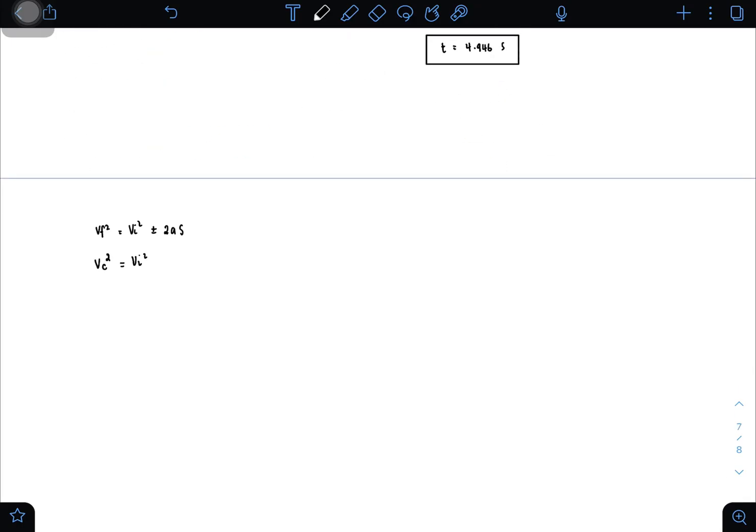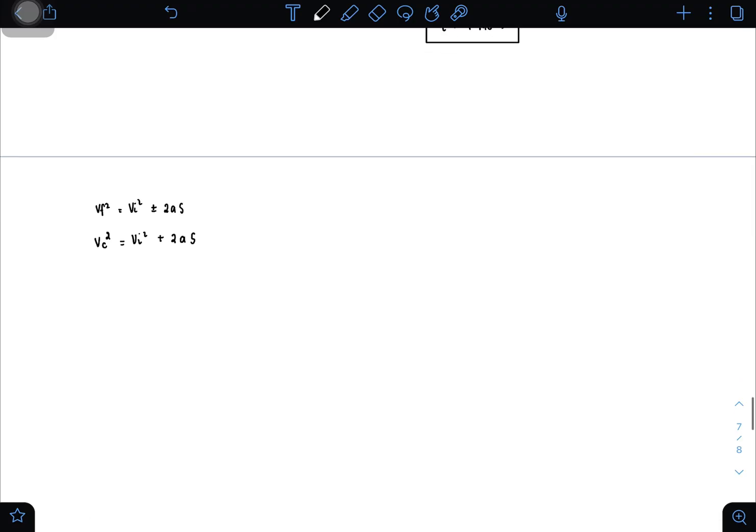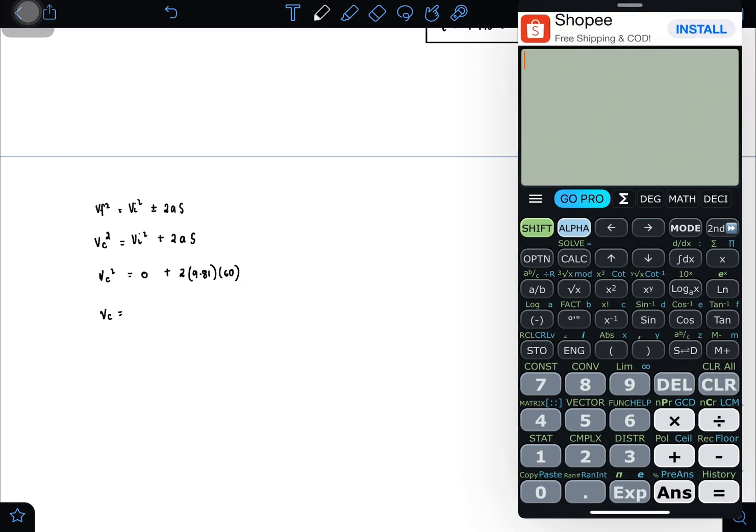Initial velocity squared, again we use the positive, 2 times acceleration times the distance of 60. So VC squared equals the initial velocity plus 2 times 9.81 times 60, because the distance is 60 at midway. So VC is the square root of 2 times 9.81 times 60, which is 34.310 meters per second.